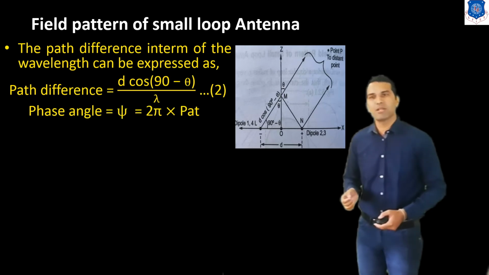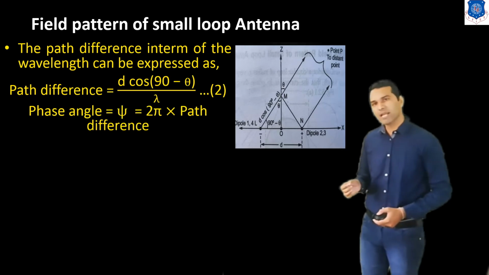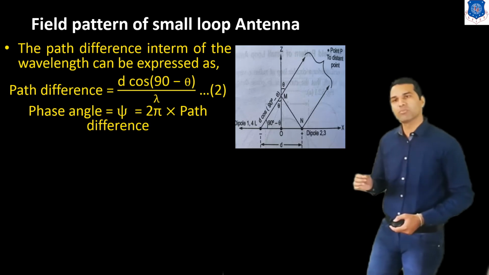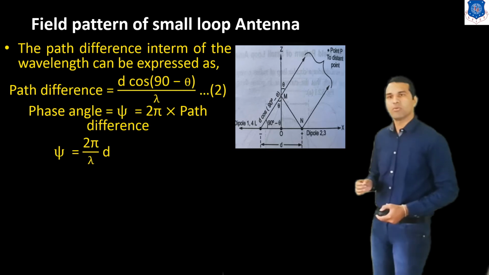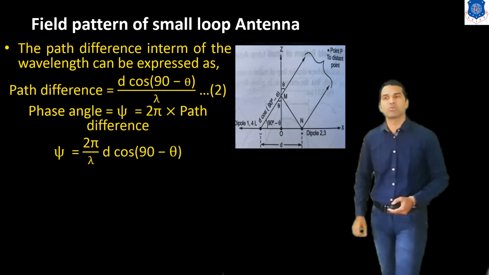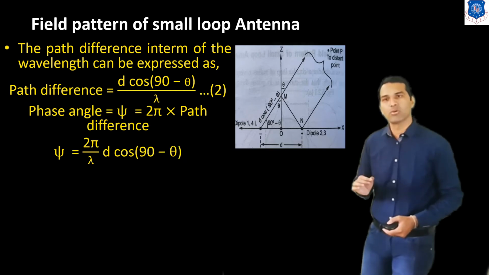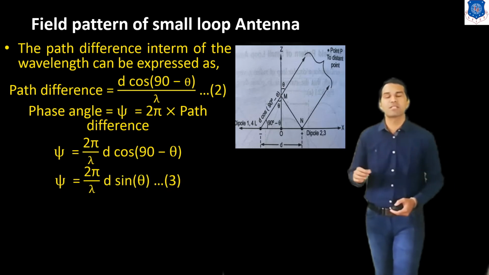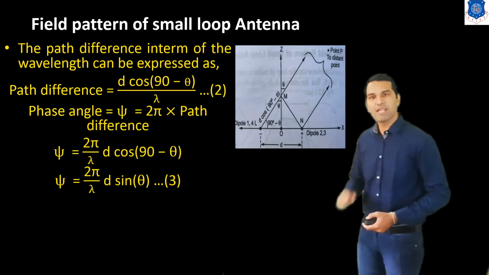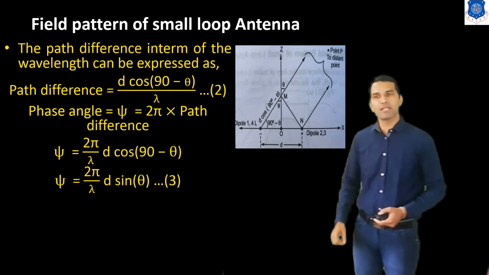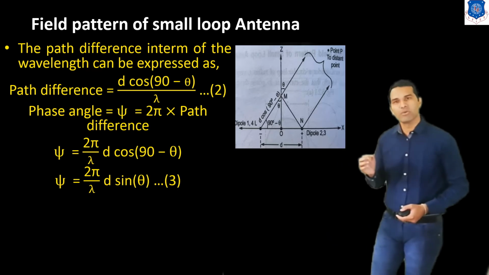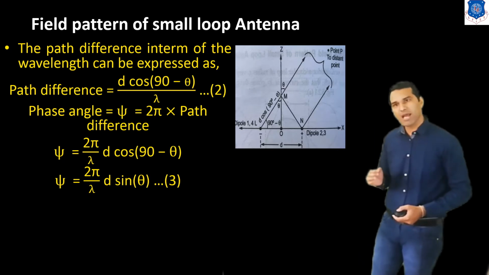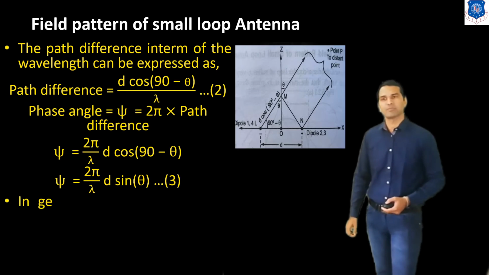The phase angle psi is equal to 2 pi into the path difference. So the phase angle psi is equal to 2 pi by lambda into d cos(90 minus theta). But we know that cos(90 minus theta) is nothing but sin theta. So finally we get the phase angle psi equal to 2 pi by lambda into d sin theta.